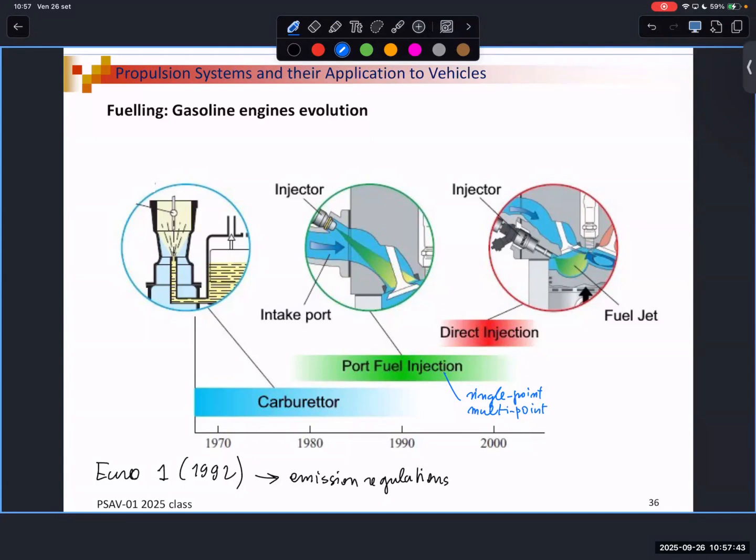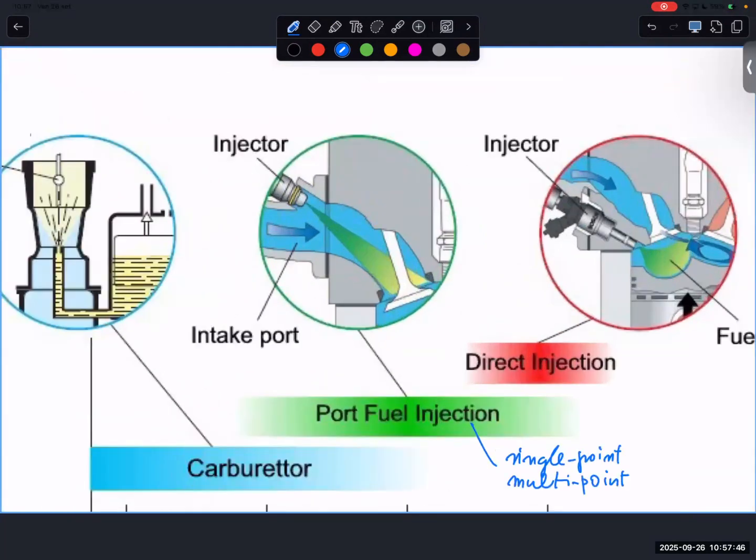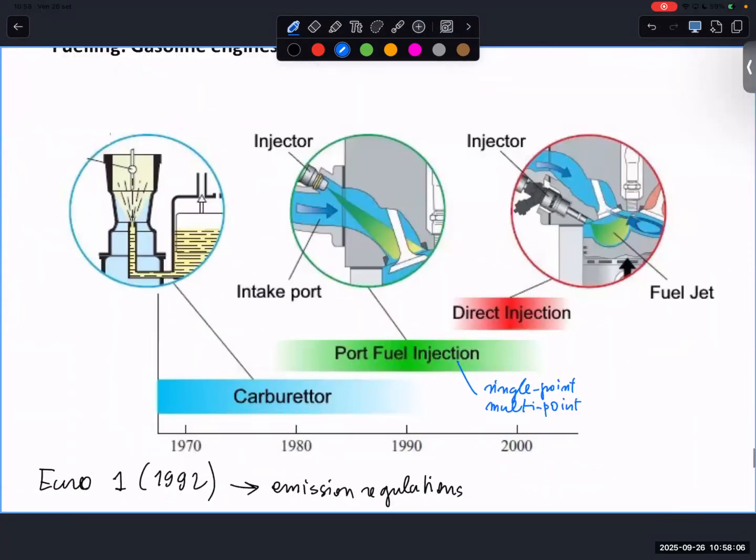Instead of considering the carburetor, we consider the injector, which was able to better dose the amount of fuel.